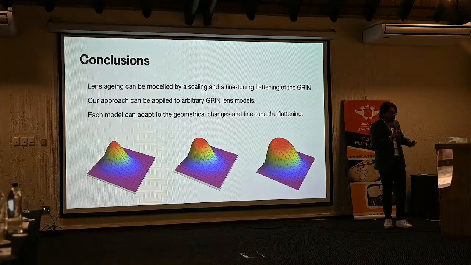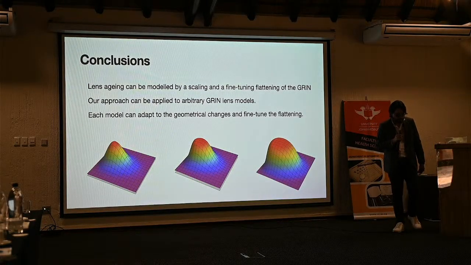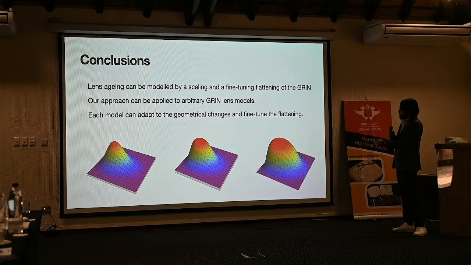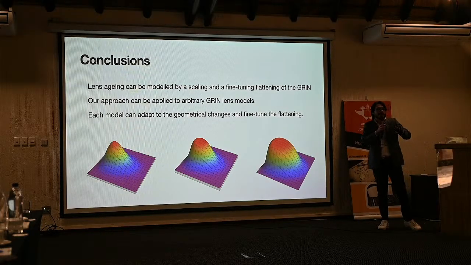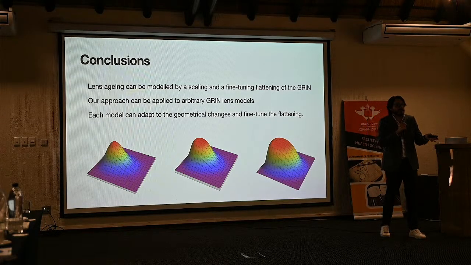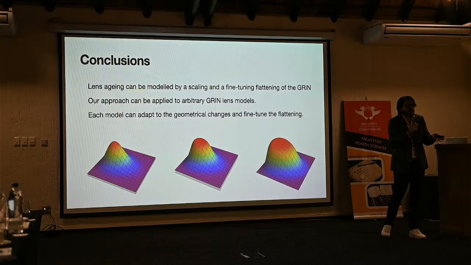Let me explain, and you can tell me if I answer your question. Let's take this exaggerated mountain. If we make the scaling of this distribution, of course, the plateau will be bigger. So maybe that is the flattening of the lens, and we do not require any more flattening.